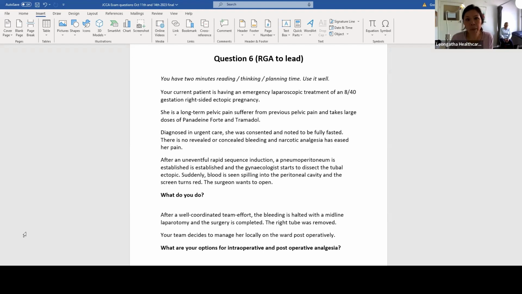If she needed a ketamine infusion post-op, there are protocols, and I think I'd have to look it up. I think it's like 4 milligrams per kilo, 1 milligram per kilo per hour, maybe, and then you can increase the infusion rate as needed.